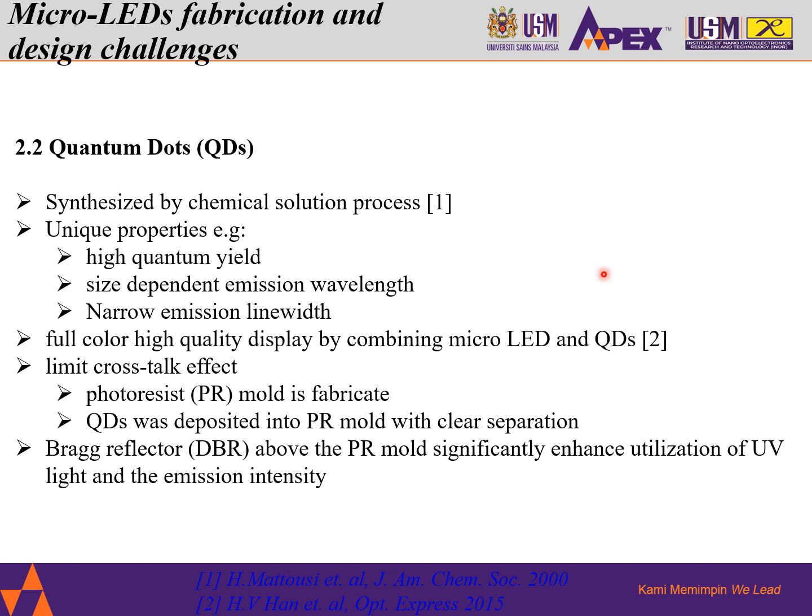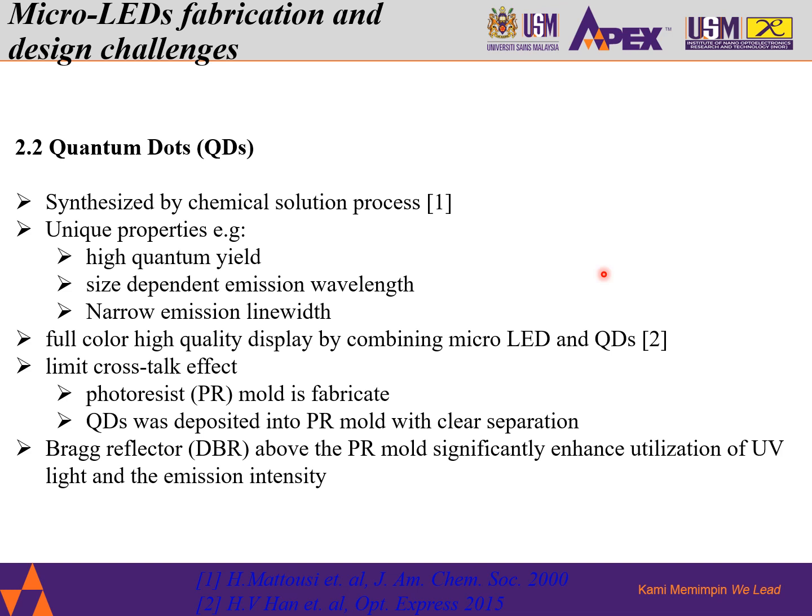Professor Kuo demonstrated a full color high quality display by combining micro LED and QDs together. To limit the cross-talk effect, a photoresist mold is fabricated and the quantum dots were deposited on the PR mold with a clear separation between each other.